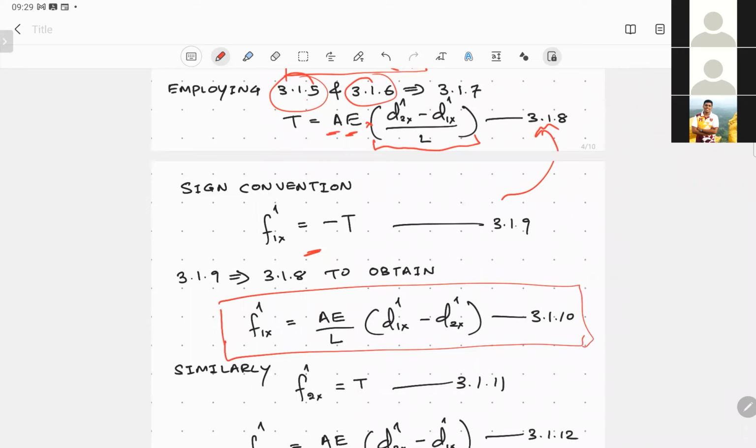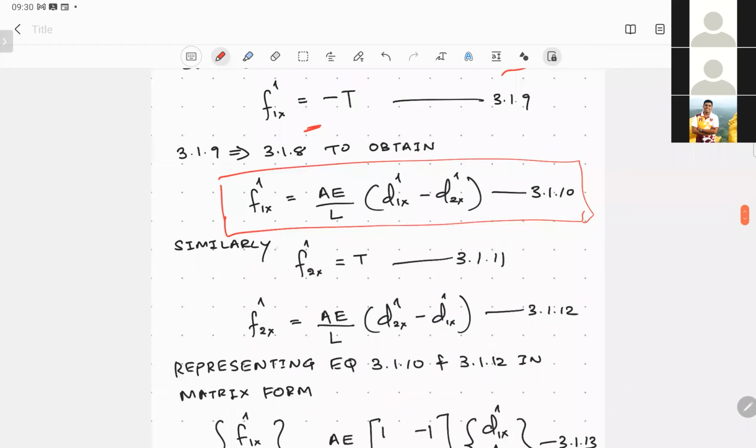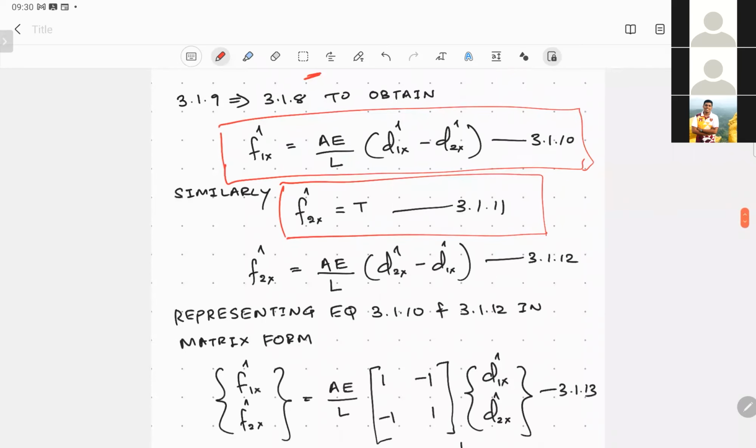Similarly, you can apply the same concept to node number 2. At node 2, F2x hat is equal to, now the sign is positive because the tensile force is positive here, and you can describe it now using the nodal forces in the local coordinate system.